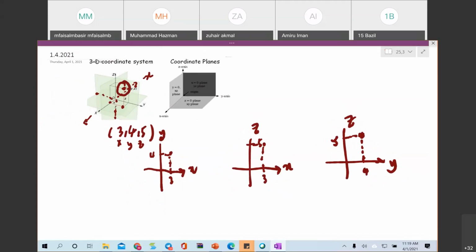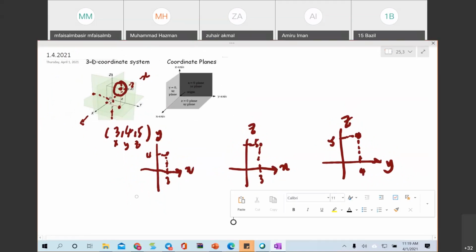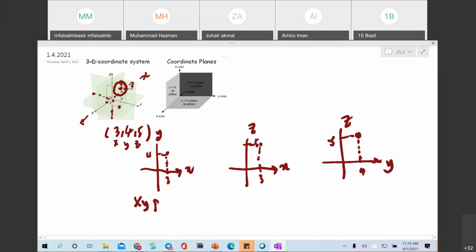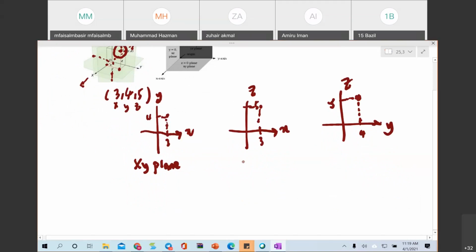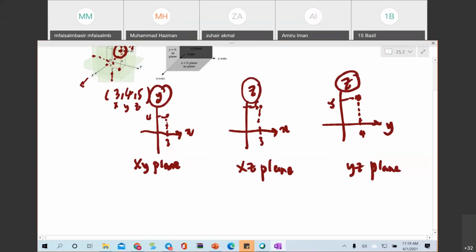In this case, this is the XY plane. This is the XZ plane. Here will be the YZ plane. Remember, always draw Z vertical and here also vertical. Actually, you can change, but I just fixed this for you.